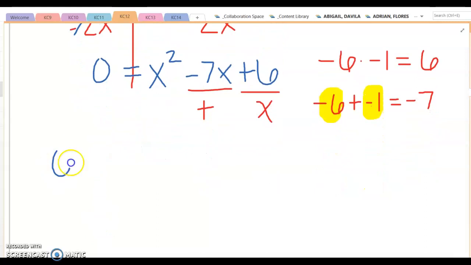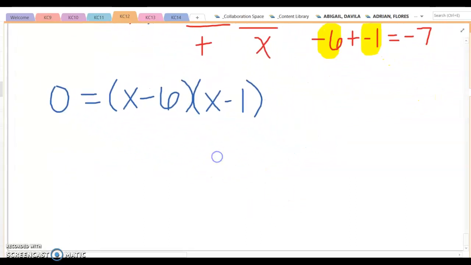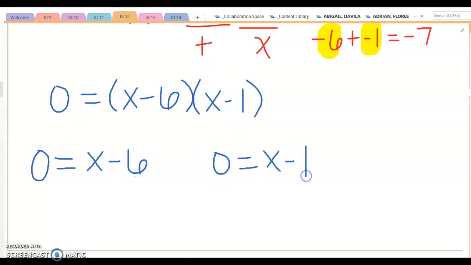So this tells us that 0 equals x minus 6, because that's our first one, and then x minus 1. We have two different factors, so we're going to get two different solutions for x. So we split up 0 equals x minus 6 and 0 equals x minus 1.